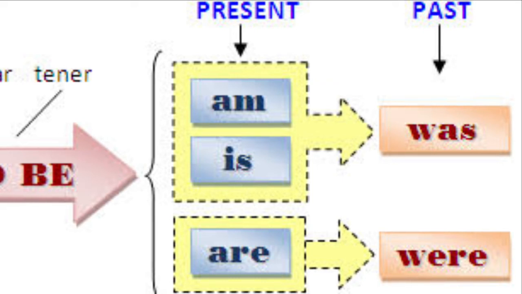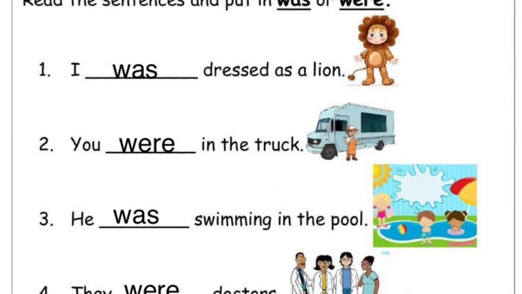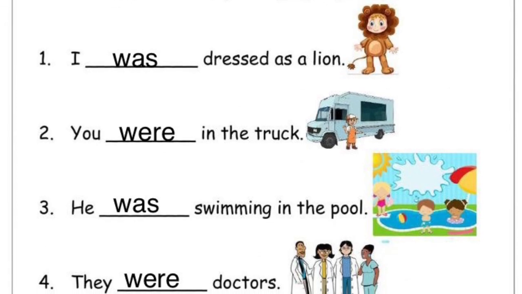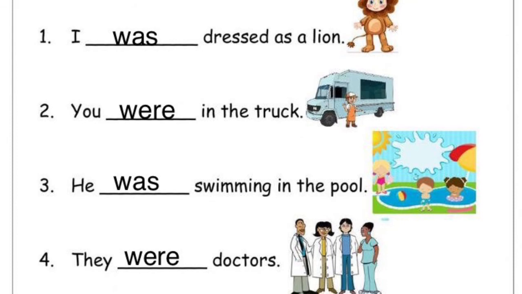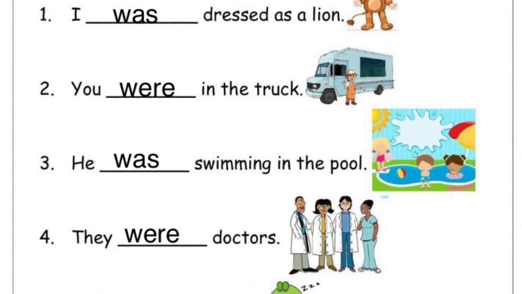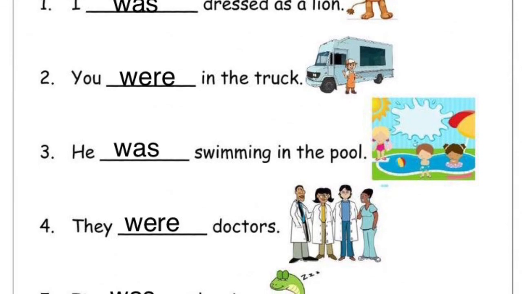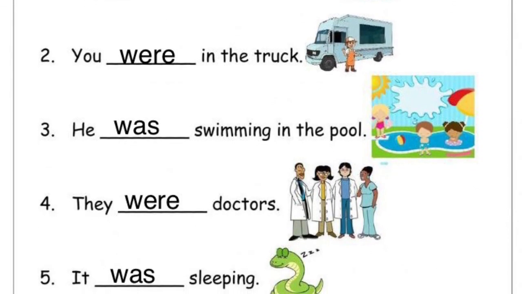Now look at these examples carefully, where I have tried to clear was and were for you. As we have discussed just now, with which subject we have to use was and with which subject we have to use were. So in the first sentence, I was dressed as a lion, because with I we have to use was.